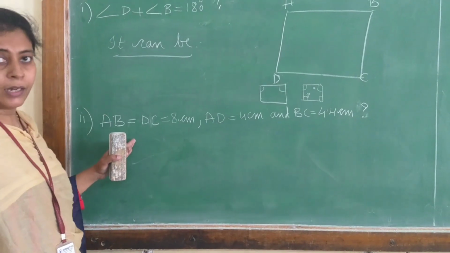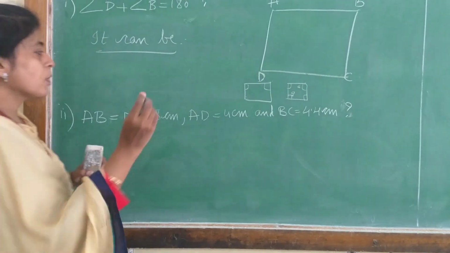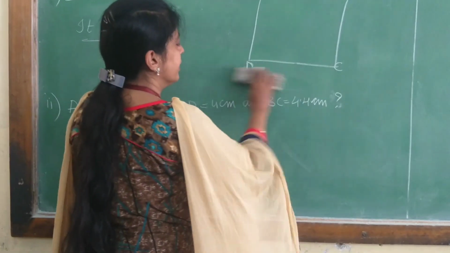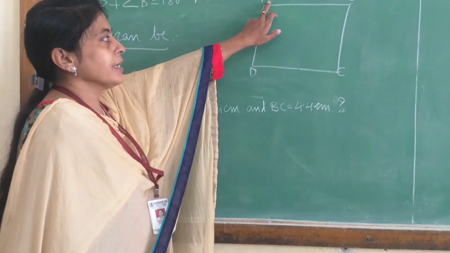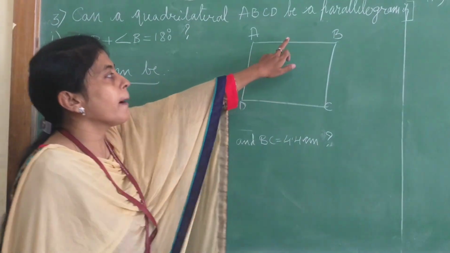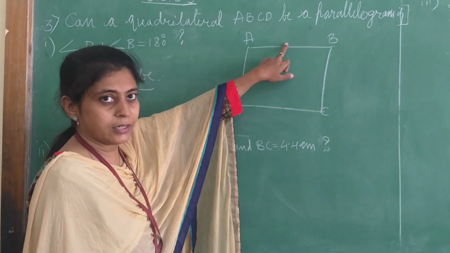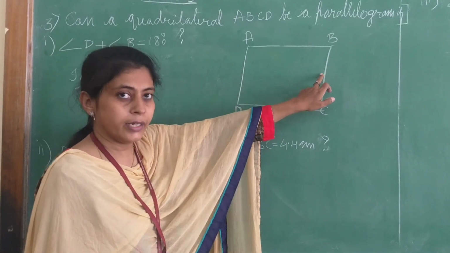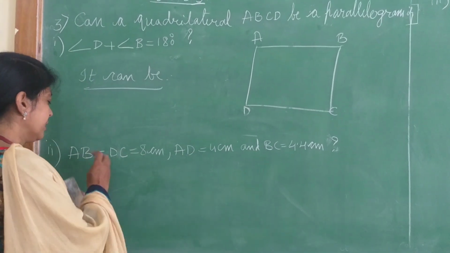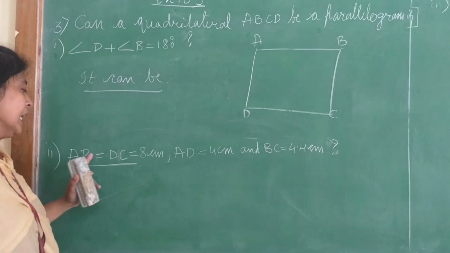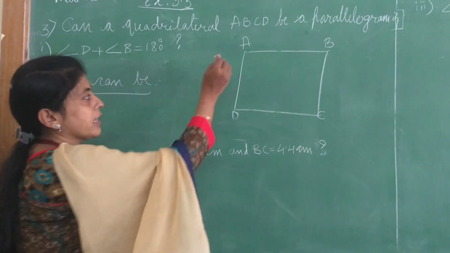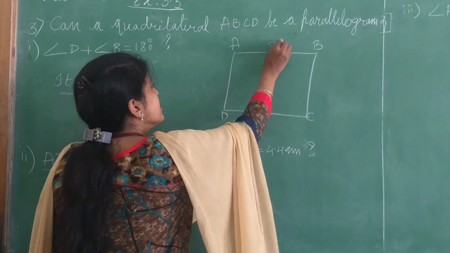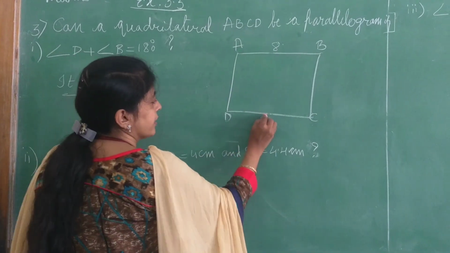Can this be a parallelogram or not? As I just said, in case of a parallelogram, opposite sides are parallel as well as equal. So let us see. It is given to us AB is equal to DC, which is 8 centimeters.